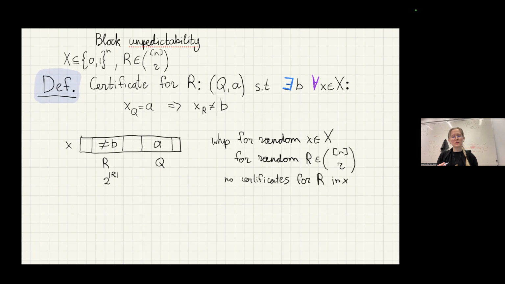And then we want to say that with high probability, we cannot say anything about this block, even if we're allowed to look at everything else in the string, as long as the set we're looking at is not too large. No small certificates.